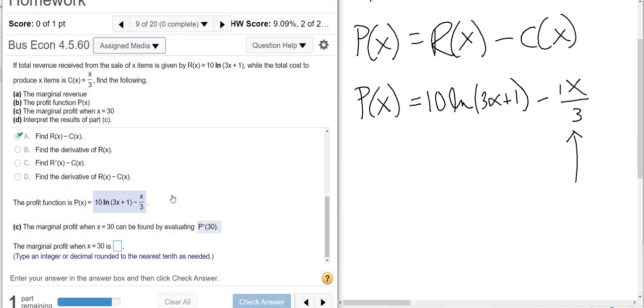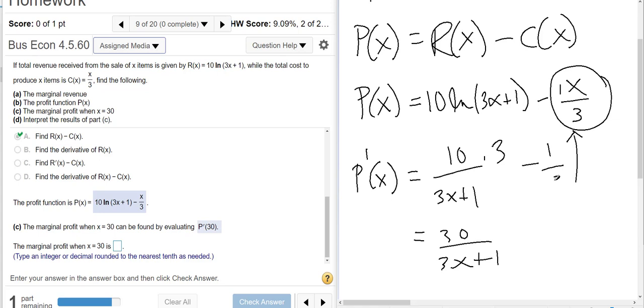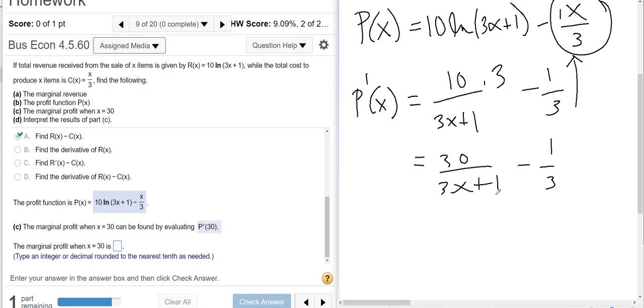So now we've got to take the derivative of this profit function. It's going to be the derivative we got a few minutes ago, 1 over u times du. And of course, that constant of 10 is there, so that's the 30 over 3x plus 1. And then the derivative of this is 1/3, and that's why I think it's important that you put that 1 there. So it's 30 over 3x plus 1 minus 1/3.